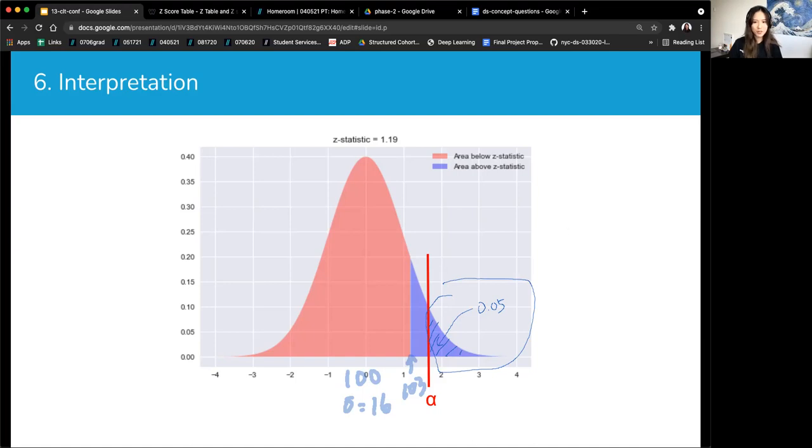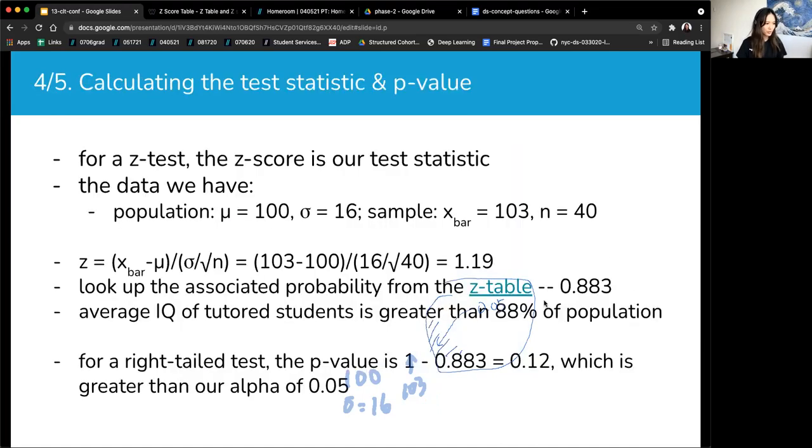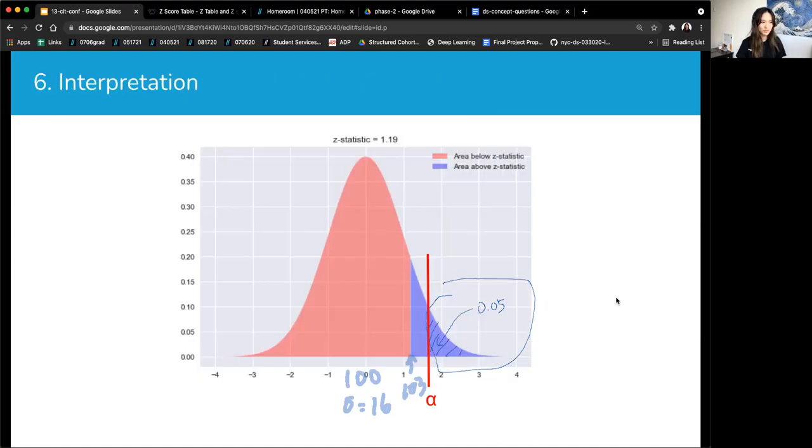To go into a little bit more detail, combining some of the things that we talked about in the last slide as well, this area here is 0.05, 5%. We had a p-value of 0.12, which means that this blue area here is 0.12.